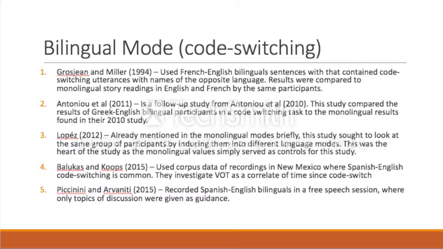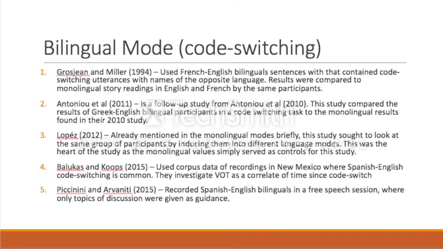So they revisited the Greek-English bilingual participants in a code-switching task. They were actually the same participants from the monolingual task that was performed in the study from 2010, and they were brought back. The participants first recorded the monolingual modes opposite of the ones that they had been recording in the 2010 paper.